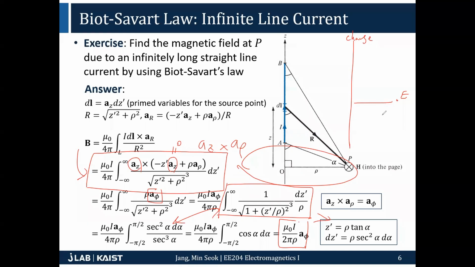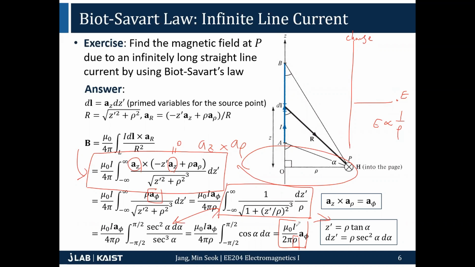If you remember, in that case the electric field was also proportional to 1 over rho instead of 1 over rho squared. So here the same, the solution is proportional to 1 over rho, because of the same dimensionality.